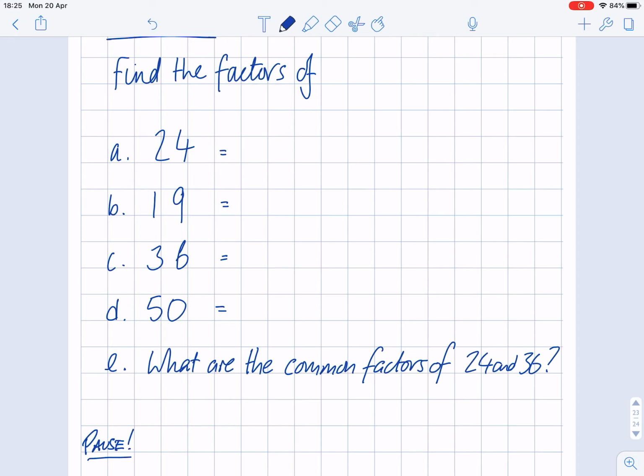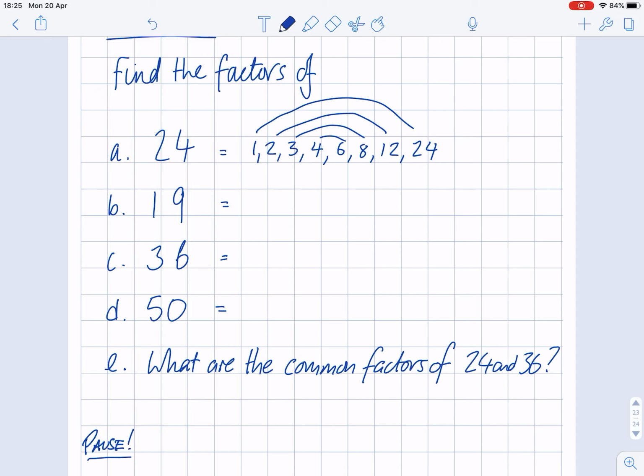Okay, fab. So factors of 24 are 1, 2, 3, 4, 6, 8, 12, 24. And remember, like I said, the pairs of factors would look like that.